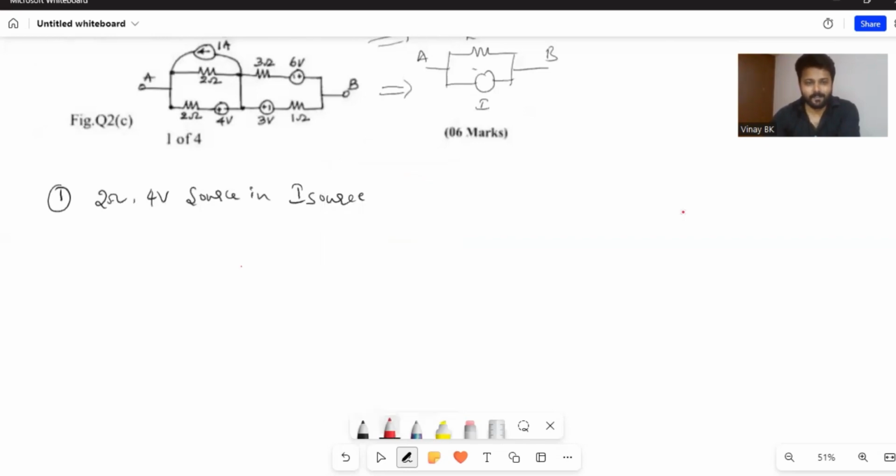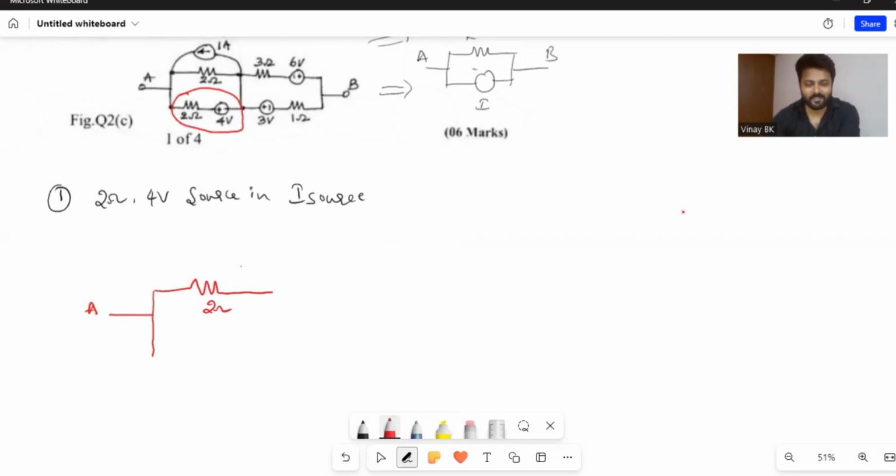So from A, you have here one current source. I'll keep it as it is, that is 2 ohm, and we'll be having a voltage source. Now I will do transformation of this voltage source into current source.